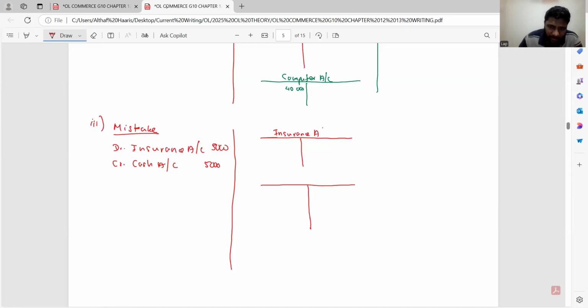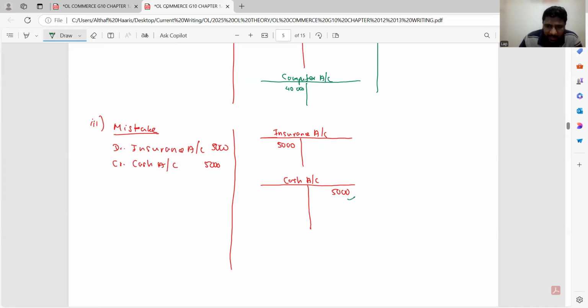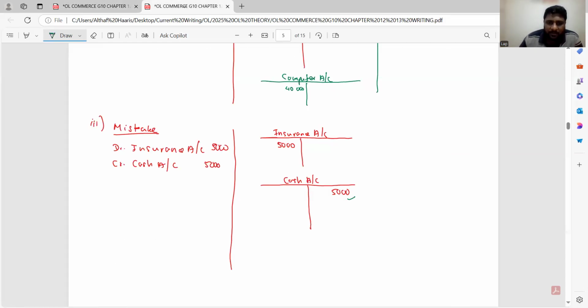Insurance account. Cash account. You have recorded 5,000 here and 5,000 here. So recording 5,000 in the cash account is not a problem. Cash is going out. But it is an electricity payment, so we can't put it to insurance. So remove from the insurance account and put it to the electricity account, 5,000.